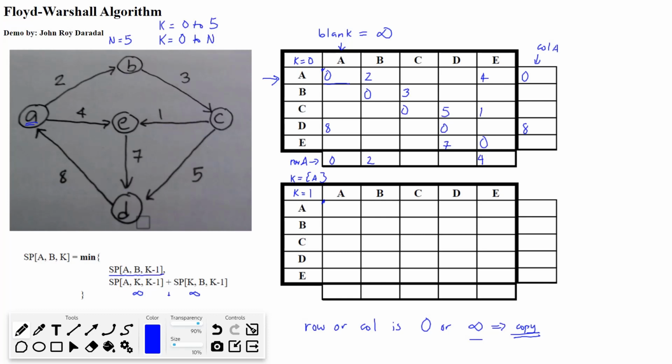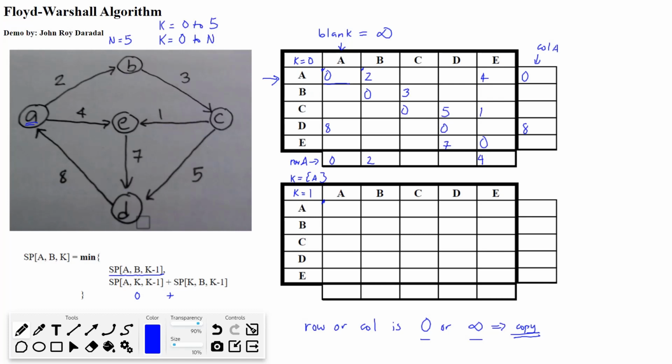Okay, so if that is infinity. Now, if it was 0, what would happen is you'd still have the same value, right? Because you're not adding anything to the previous cell. So, for example, in AB, the row's value is 0, but the column's value is 2. So 0 plus 2, it's still 2, right? So you just copy it right away.